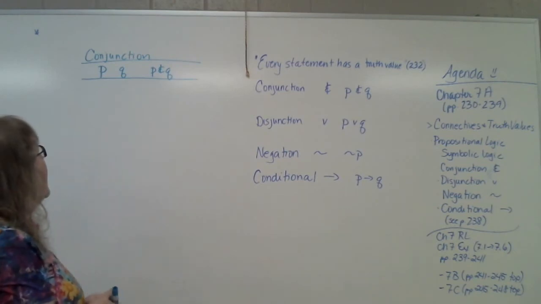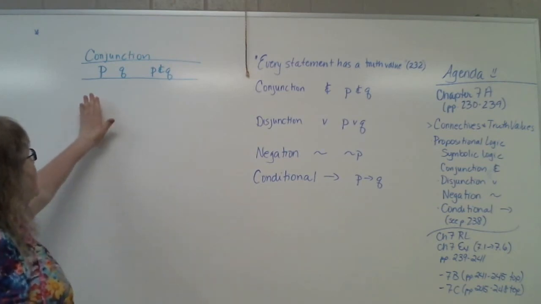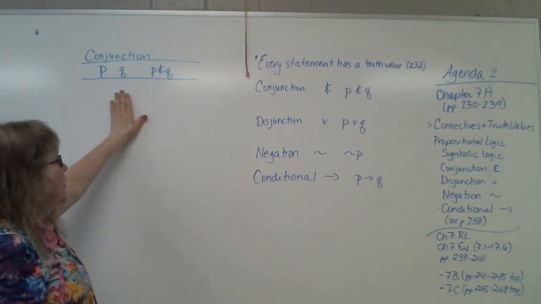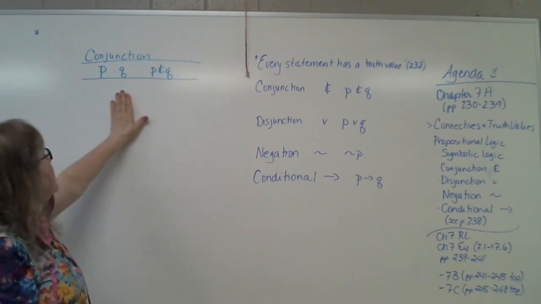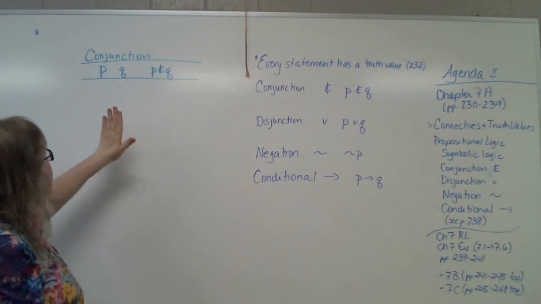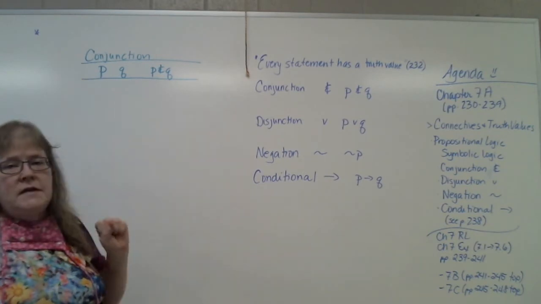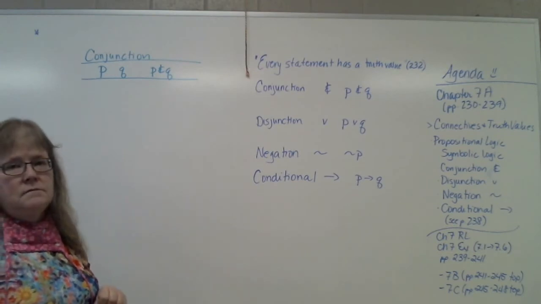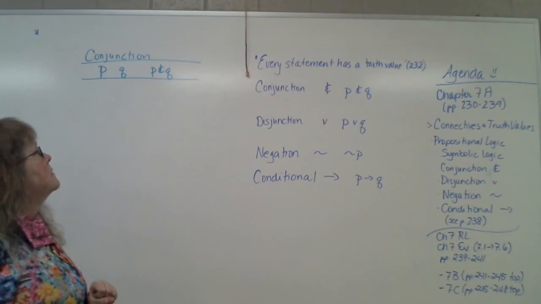I have to start with my naked, bare variables. My letters are my variables. And so I have two. My argument is ducks have feathers and ducks have webbed feet. That's my conclusion, that's over here.